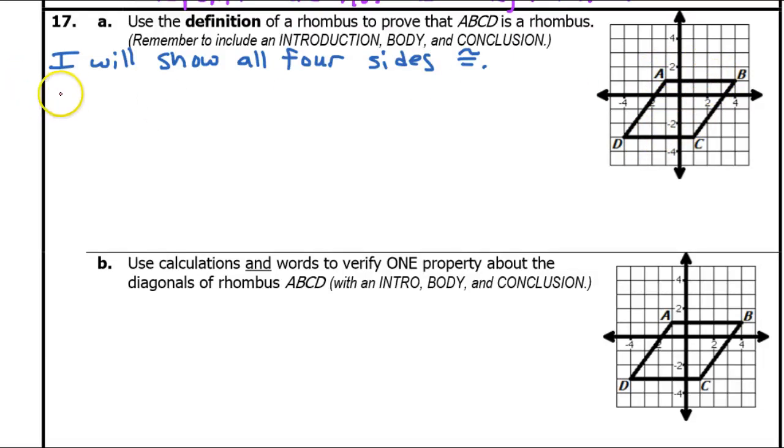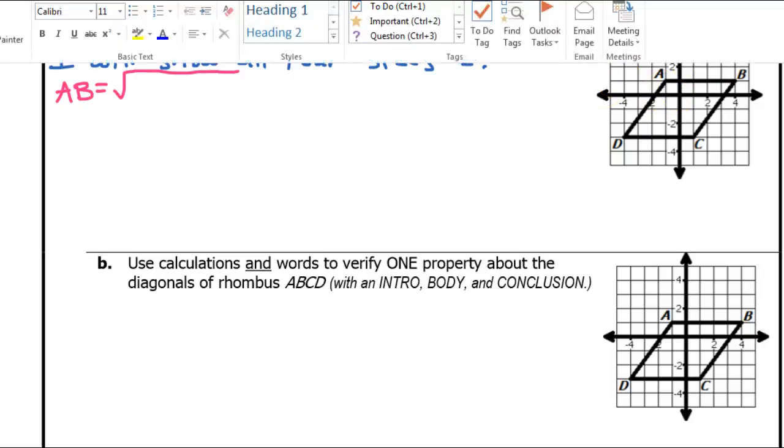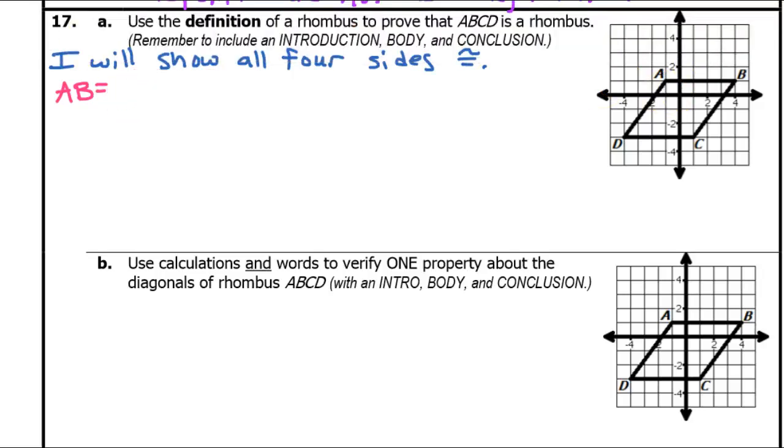Let's start with AB. Because I have the graph given to me, I'm going to treat it... Oh, you know what? This is horizontal. I started to talk about doing the Pythagorean theorem, but if it's horizontal or vertical, we can just count the squares.